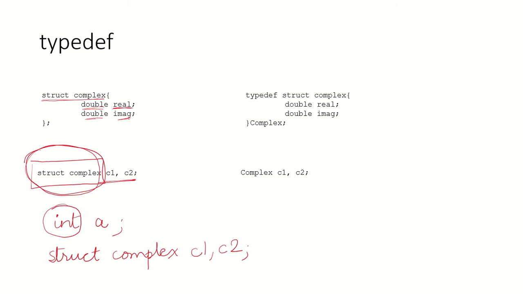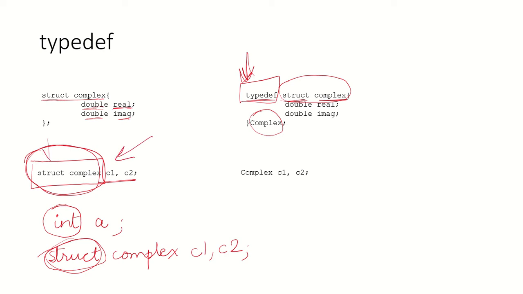We can also use a keyword which is typedef, so that we do not have to write the struct word again and again. So what we do is that we say typedef struct complex. That means that to this struct complex we are giving a name which is complex. And now we don't have to write struct complex C1 C2 again and again.